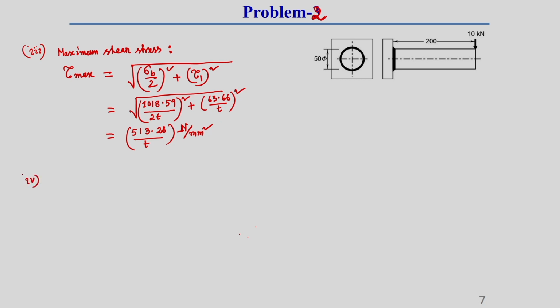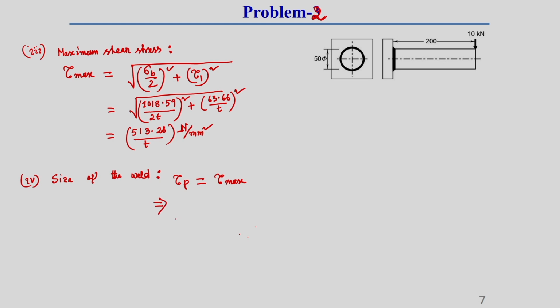Now, the fourth step is to find the size of the weld. To find out the size of the weld, here we know the permissible shear stress. So, the permissible shear stress tau p we have to compare with this maximum shear stress.